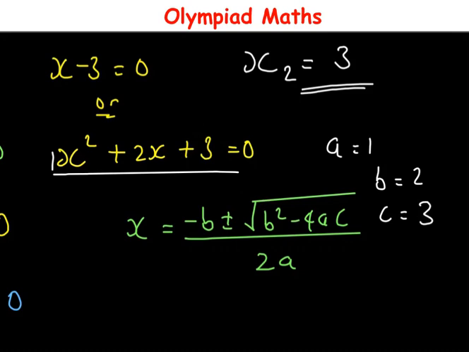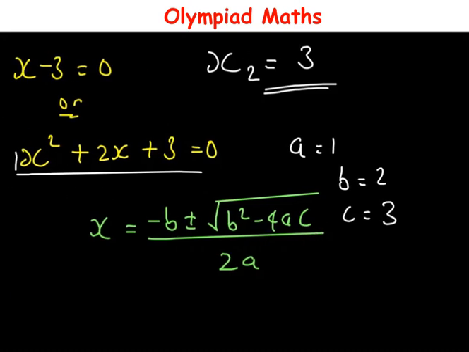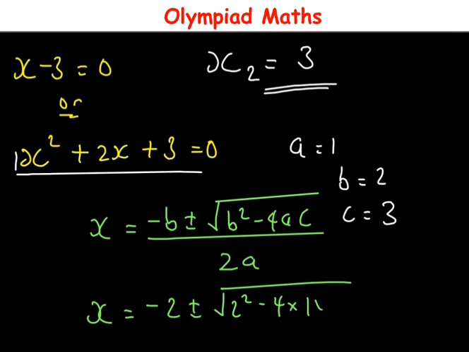So inputting these values a, b, c into the formula, the solution for x is then equal to minus b, which is 2, plus or minus square root b squared. That will become 2 squared minus 4 times a, which is 1, times c, which is 3, all over 2 times a, which is 1.